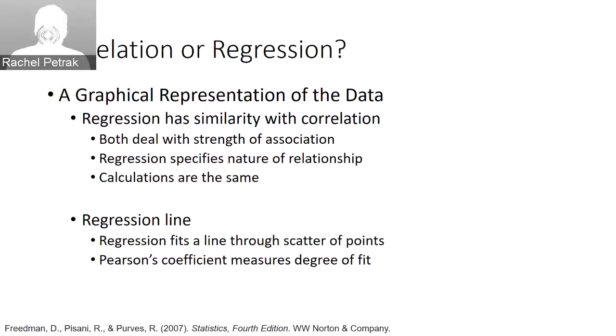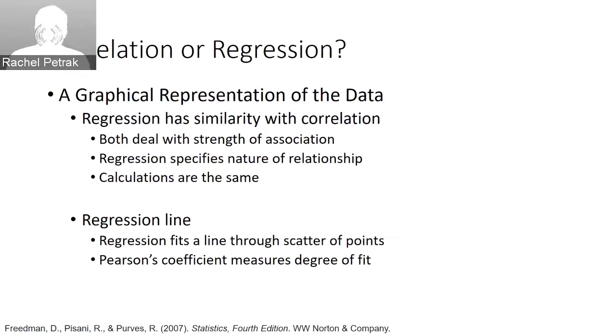The regression line, however, fits a line through the scatter of points, whereas Pearson's coefficient, or the correlation coefficient, measures the degree of fit, the degree that the points fit the line and cluster around it. So these are nuanced but different.